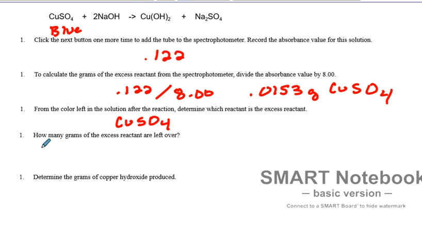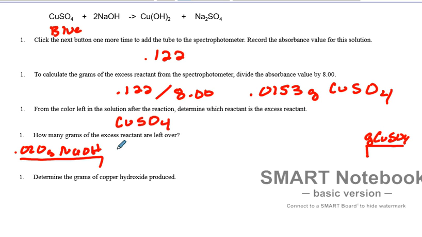It's going to be a 3-step stoichiometry starting with 0.020 grams of sodium hydroxide. I'm going to put that here. On the right side, I'm going to leave myself plenty of space. I want to know how many grams of copper sulfate actually reacted.